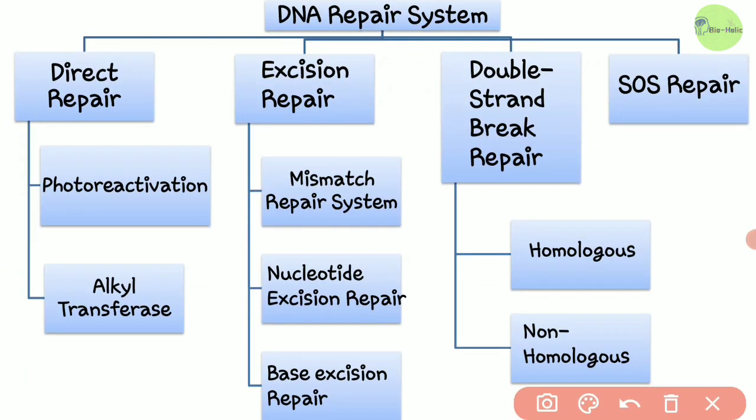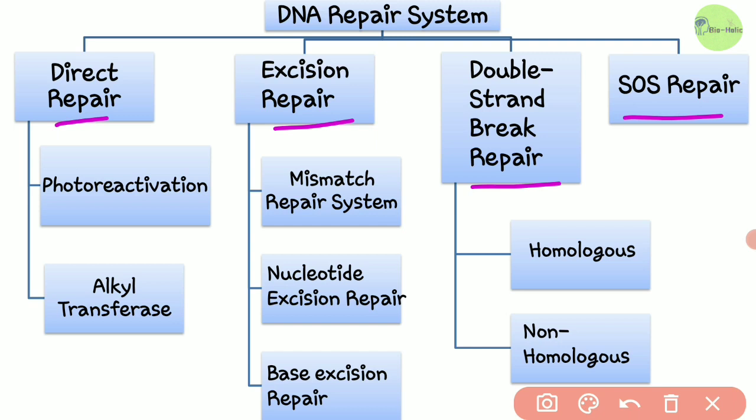Since repair systems must be capable of recognizing and dealing with each type of damage, it is not surprising that there is a large number of different types of DNA repair system, isn't it? DNA repair systems can be divided into 4 types: direct repair, excision repair, double strand break repair and SOS repair. SOS repair only occurs in bacteria.